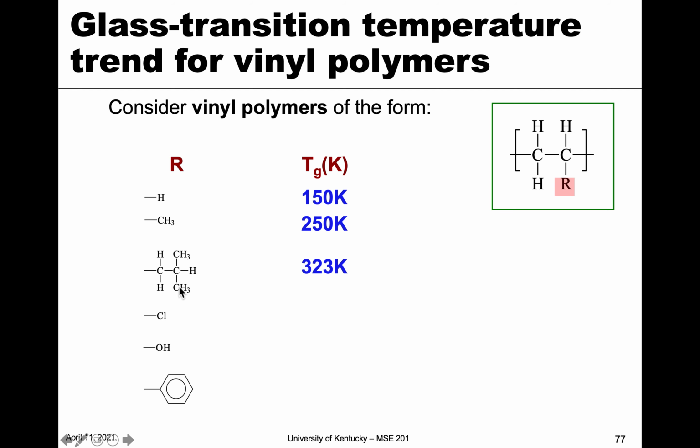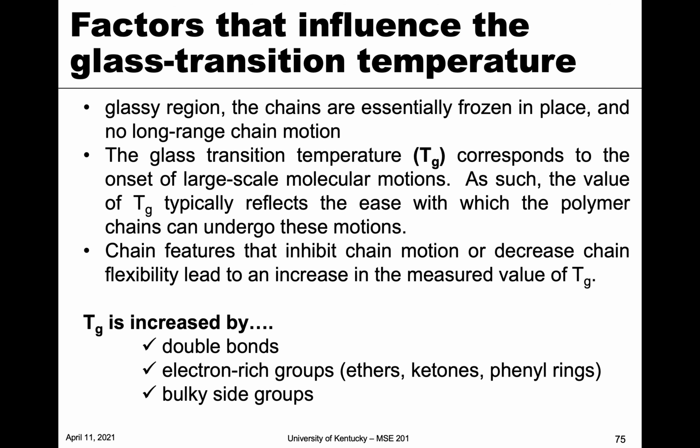And also we can have things that are more electron rich, like Cl. So this is PVC. And then OH, also the same idea. We have those, and then a phenyl ring, which also is electron rich and also rather bulky, and that increases. So all of those things that we talked about in the previous slides, let me go back to that for a second, right?